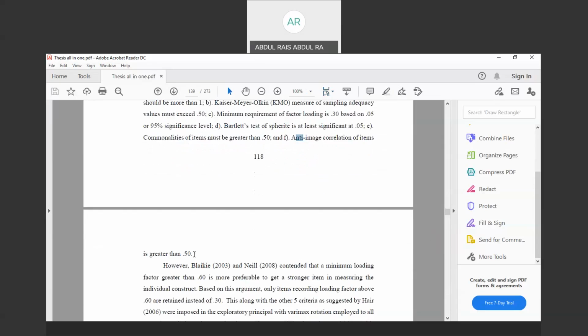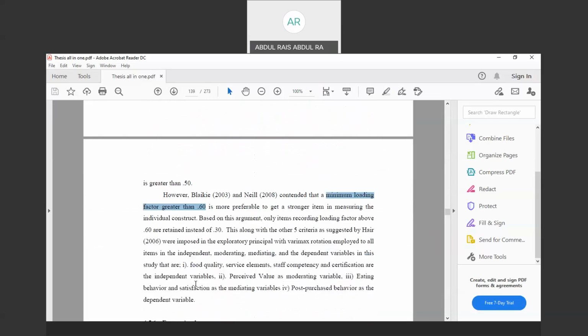Another thing you should also look at is the minimum loading factor value. It should be above 0.6 if you want to retain certain items. Usually, if it's below, that item will be deleted.